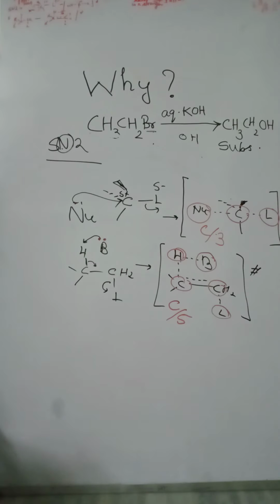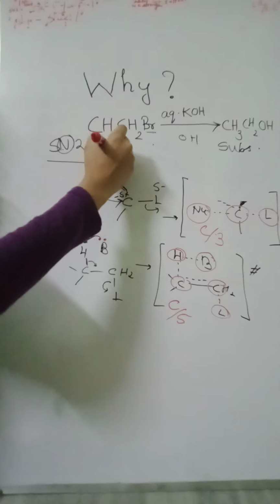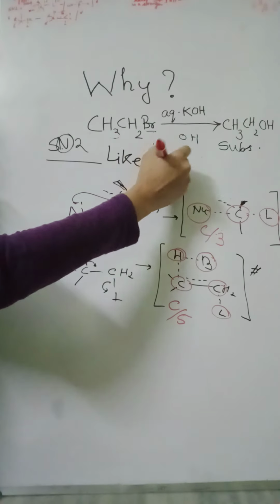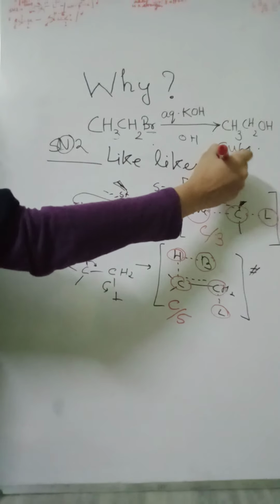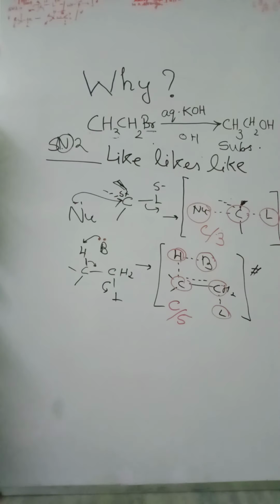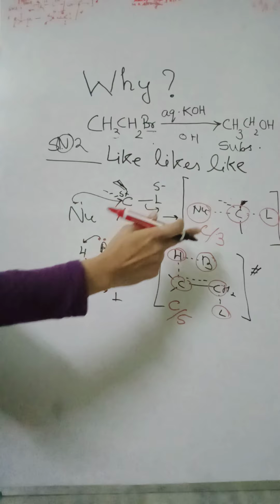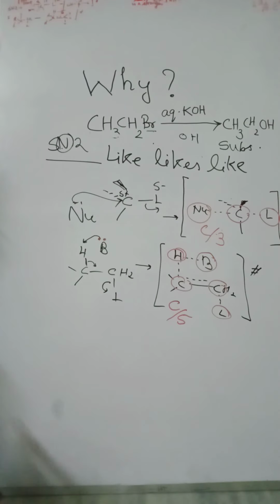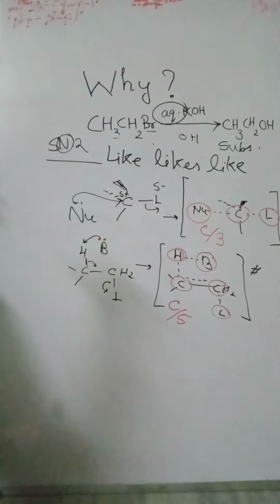Higher charge density means a stronger thing. We all know in chemistry there is a dictum of like likes like when you study the part of solvation. So a stronger transition state will be favored in what? A stronger medium. Which is a stronger medium? Aqueous medium.